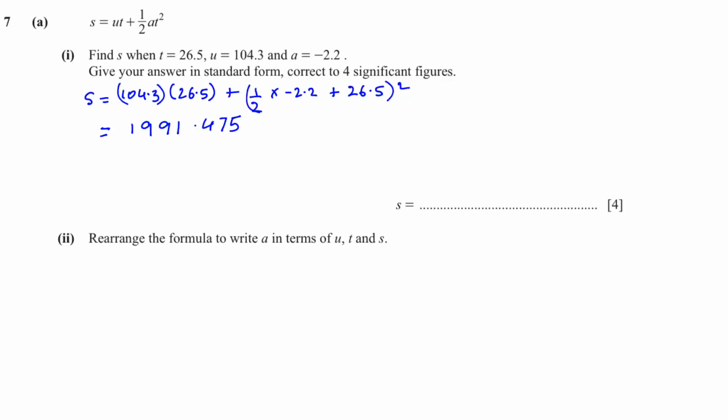But they asked us to find the answer in standard form and correct to 4 significant figures. So 4 significant figures is going to be till here: 1.991 times 10 to the power of, we move the decimal 3 places, so 10 to the power of 3.